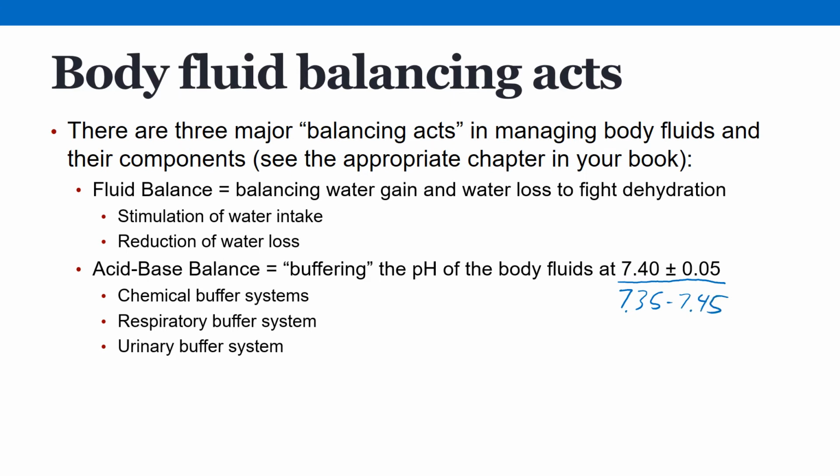That is a tremendously narrow range. And so your body has to constantly work at keeping your tissues in that range. And it does so by employing three different buffer systems that we're going to talk about in the acid-base balance section.